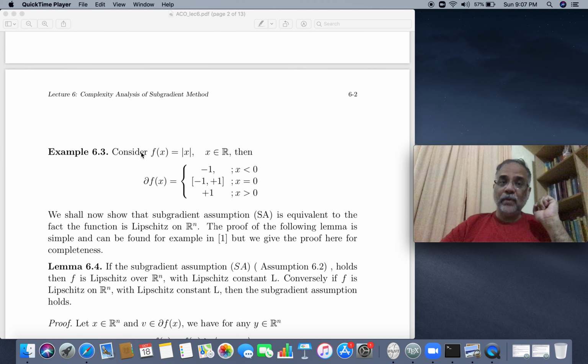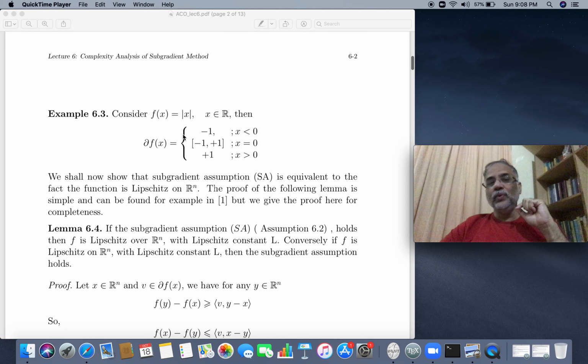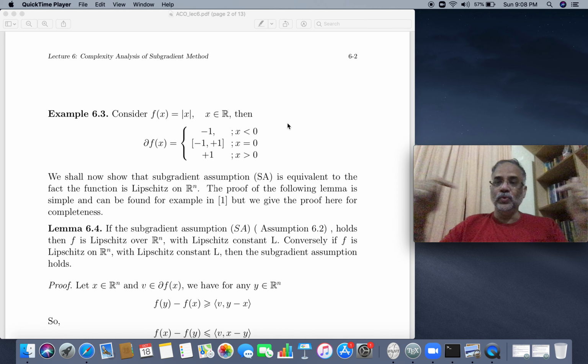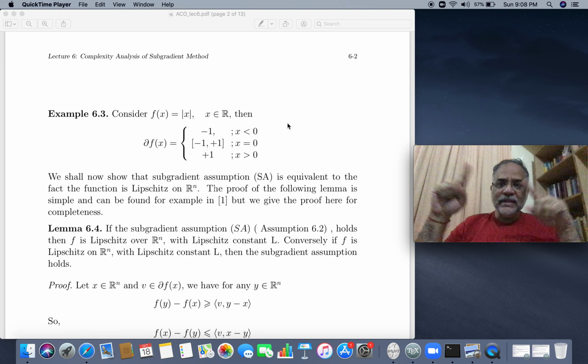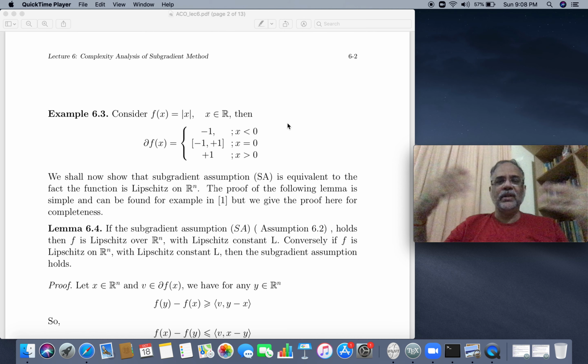An example for which you can calculate this is the subdifferential of f of x equal to the absolute value of x. As you know, it can be written like this: at points x strictly bigger than 0 and x strictly less than 0 the derivatives are plus 1 and minus 1 respectively, and at 0 the interval from minus 1 to plus 1 is the subdifferential. If you look at this function, it is nothing but the max of x and minus x, two linear functions, and its epigraph is a polyhedral convex set.